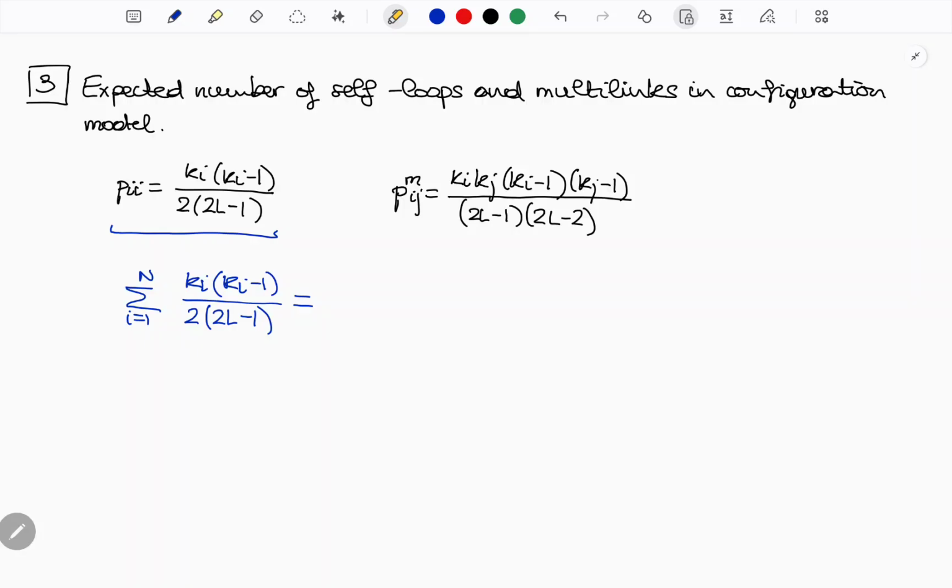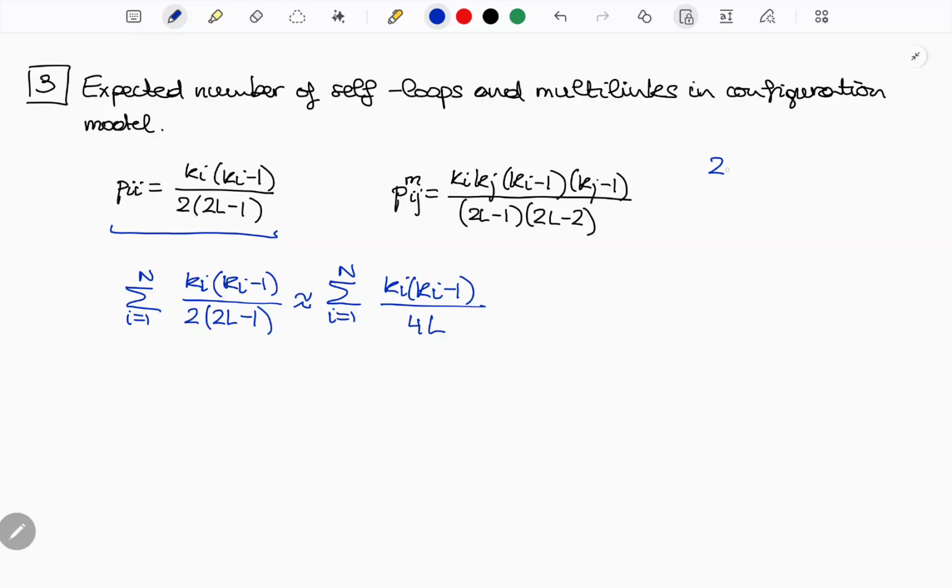So that's one thing that I'm going to do in order to solve this more easily. So this is going to be approximately the same as the addition of ki times ki minus 1 divided by 4L.